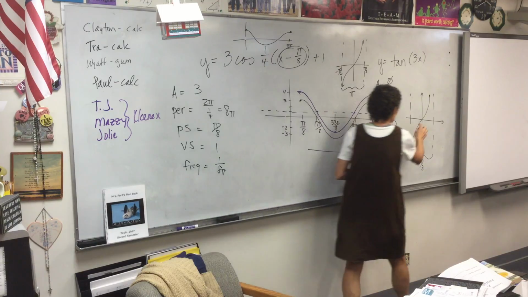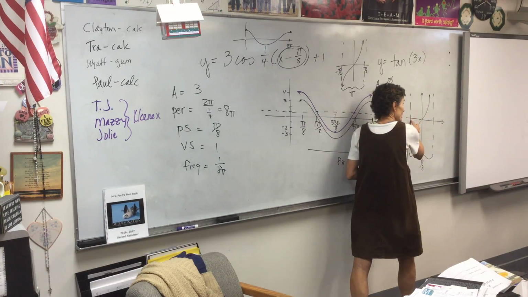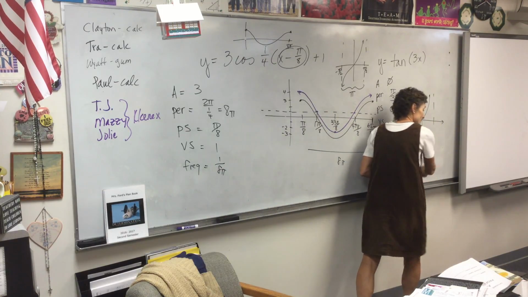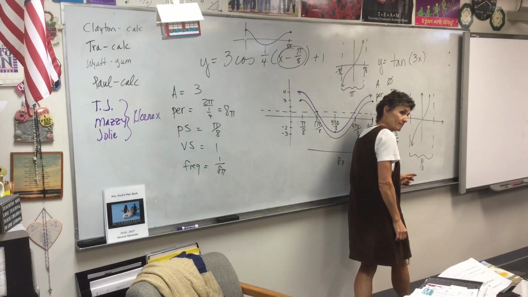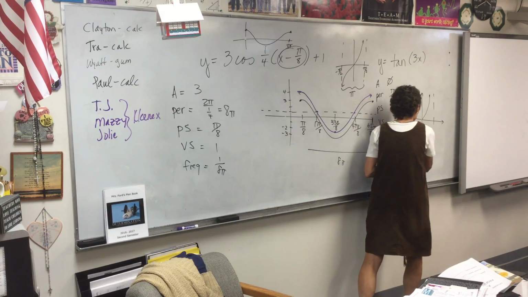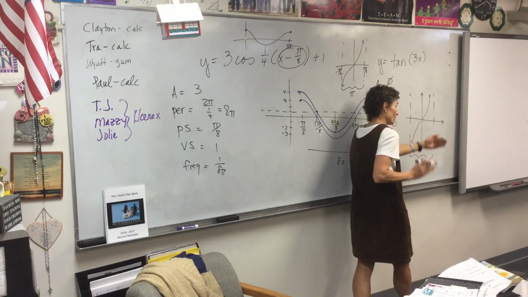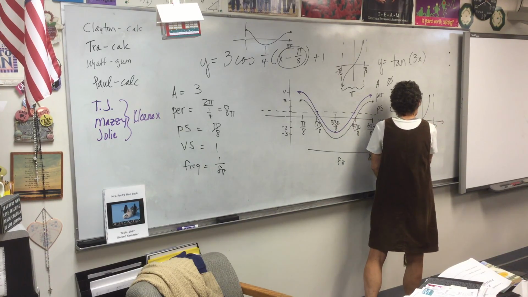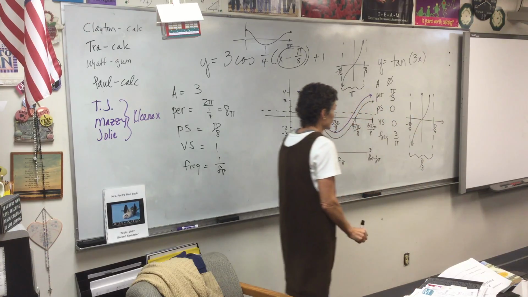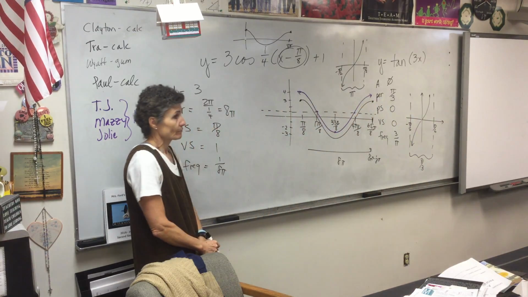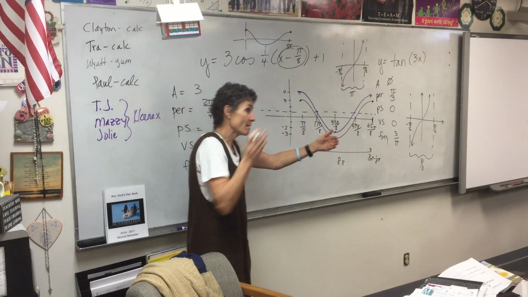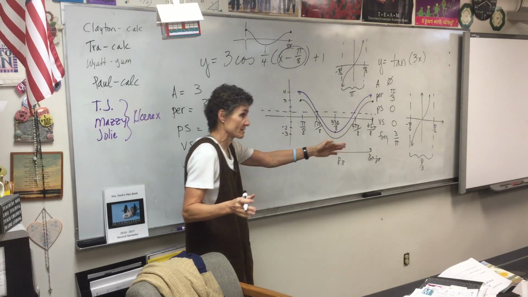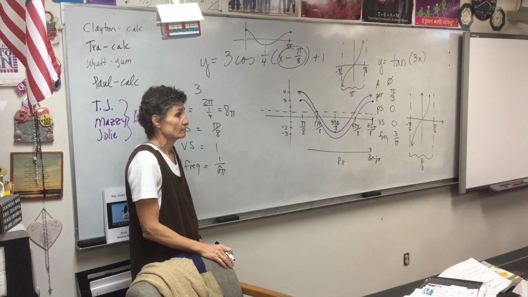So I have to go forward and backward so that the total is pi/3. So how much would I go forward and backward if the total distance has to be pi/3? Pi/6. There we are. Because if you go forward a sixth and backward a sixth, you've gone 2/6, which is a third.